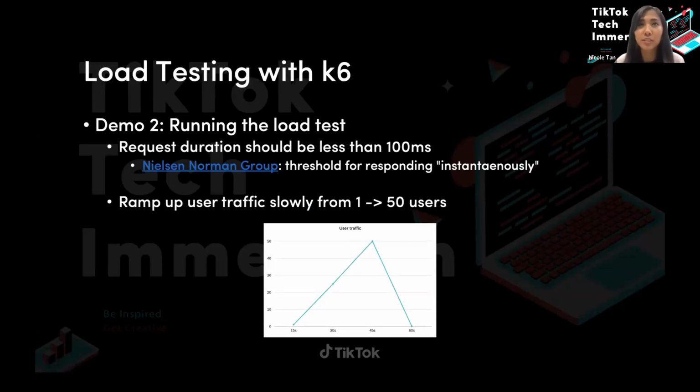So for a user to say that your API is fast, it should return in 100 ms. And then what we'll do in the load test is, I don't know the expected load because it's not our API, so we're just using the API for ease of demo. But we'll do something simple. We'll ramp up from 1 to 50 users and go back down to 0.